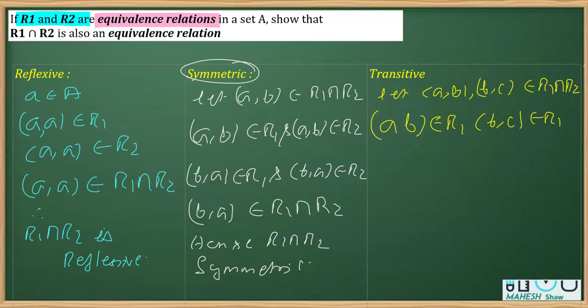Now, since we are given that R1 and R2 are equivalence relations, they must be transitive as well, right? So since R1 is transitive, I can say that (a, c) belongs to R1, and the reason is R1 is given transitive.